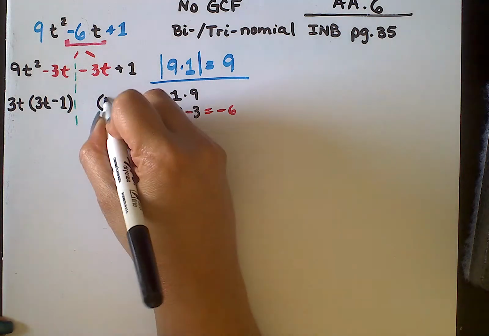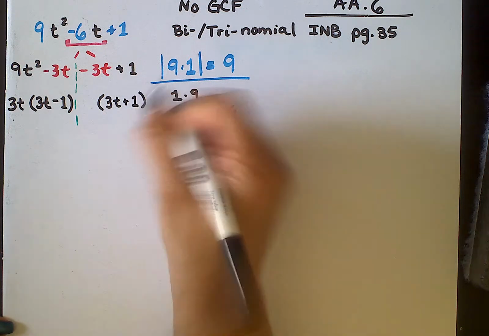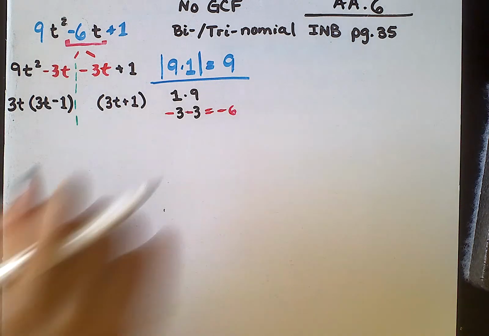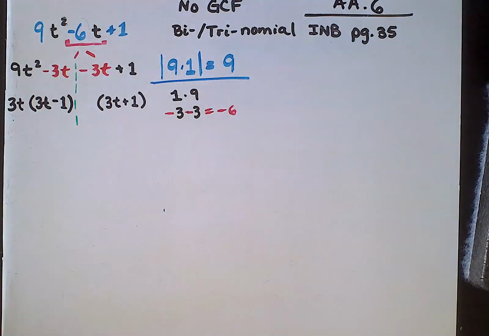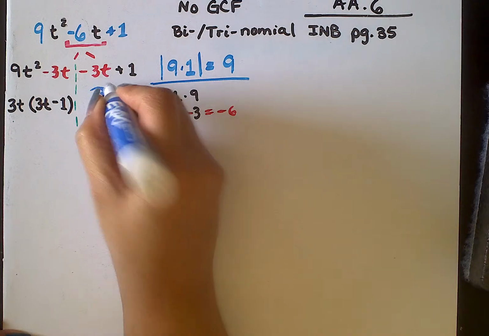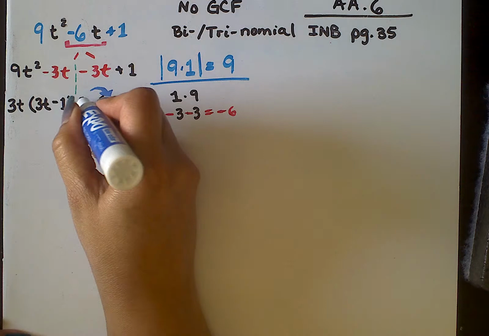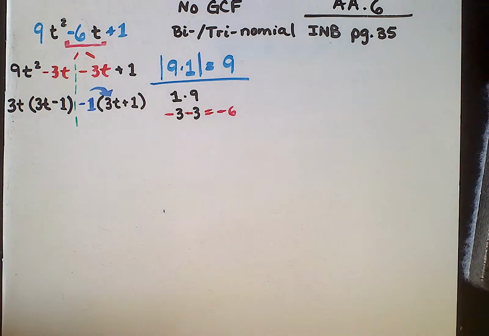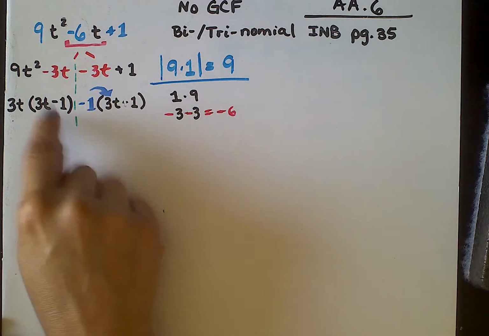So I'm going to write that out, 3t plus 1. Now, what times 3t is going to give me negative 3t? Obviously, that should be a negative 1. And you probably caught my boo-boo there. I'm sorry. That was supposed to be a minus 1.